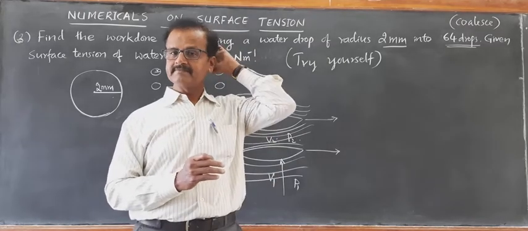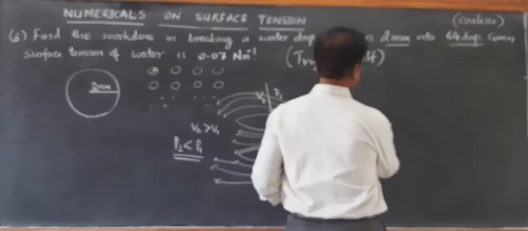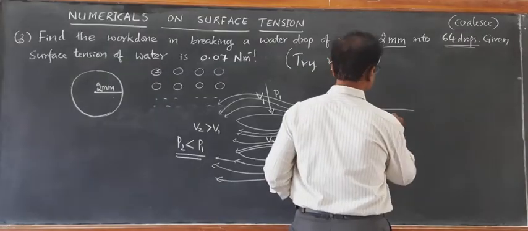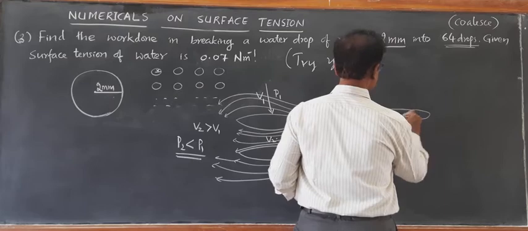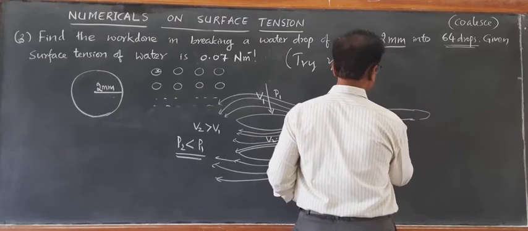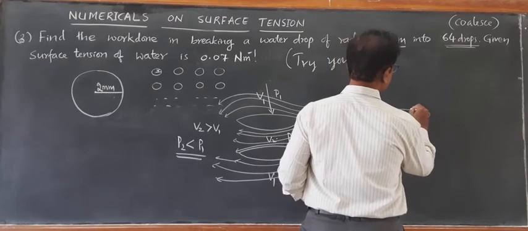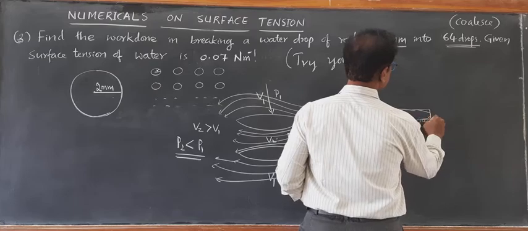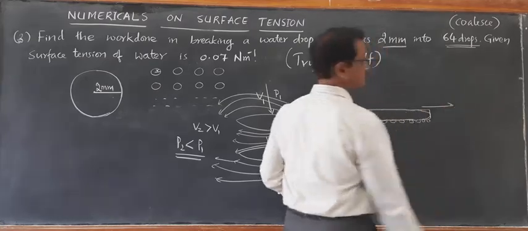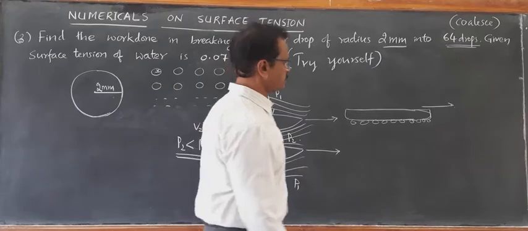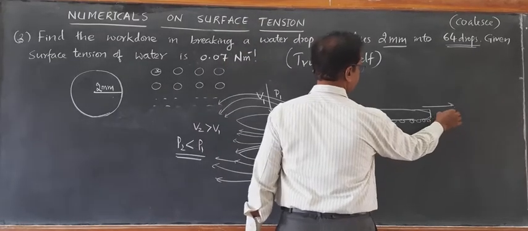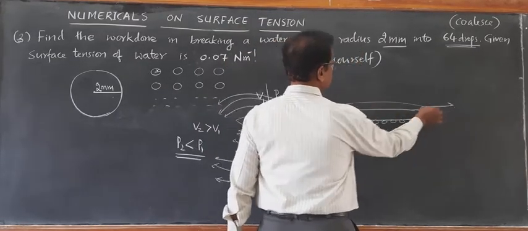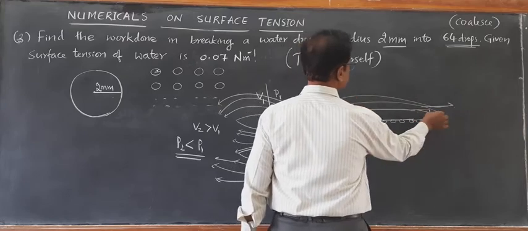There is a reason again. When a train moves, suppose this is a moving train in this direction, then you will find the streamlines of air surrounding it.